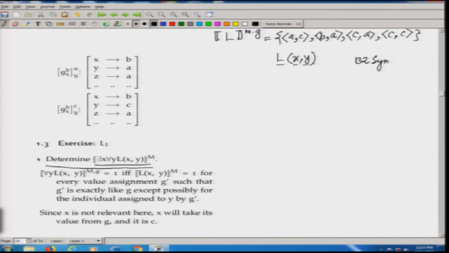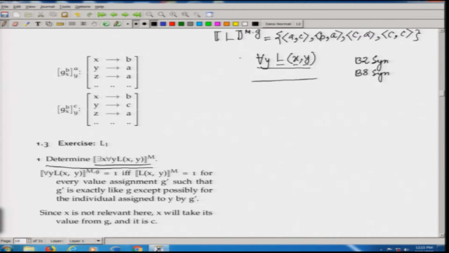So they get combined and they make LXY. And then, because this is a formula, now we are adding all Y to it. So the next step is all Y. Now this is the next layer of rule, and this is our B8 of syntax. And then this is a formula.